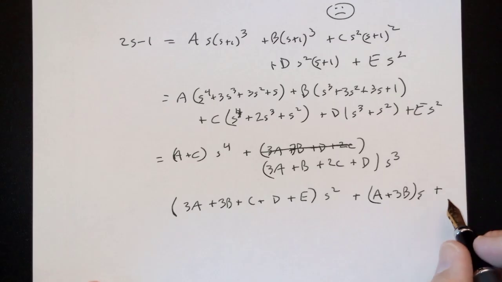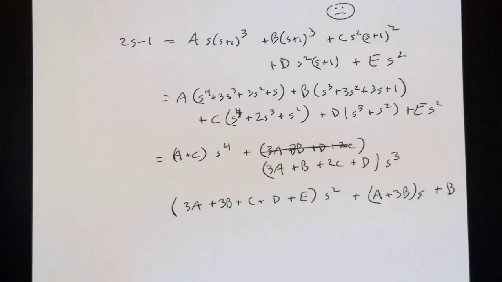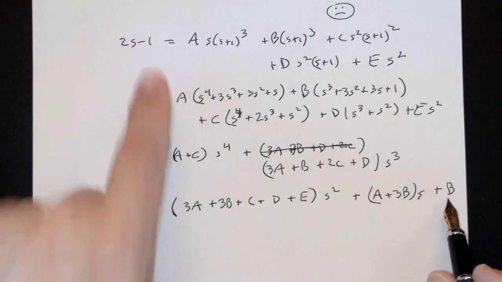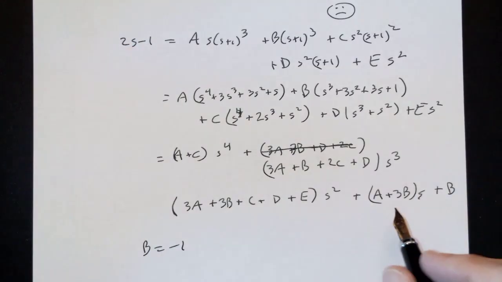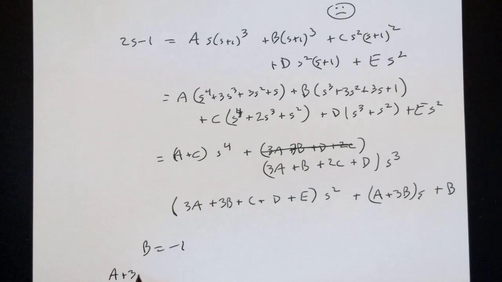And then the only thing that's got a constant on it is B. Wait a second. 5 equations, 5 variables. The constant here has to equal the constant there. B equals minus 1. A plus 3B has to be equal to 2.